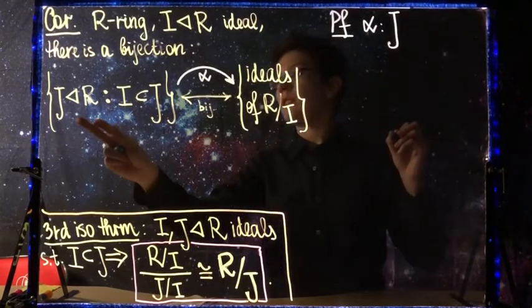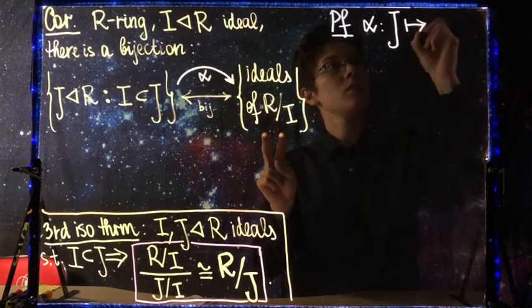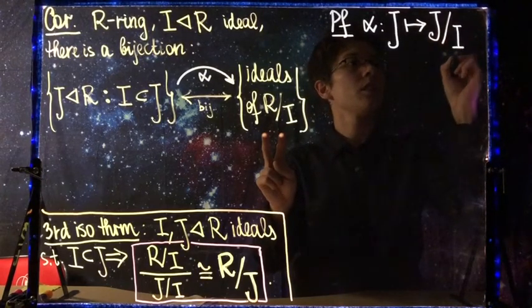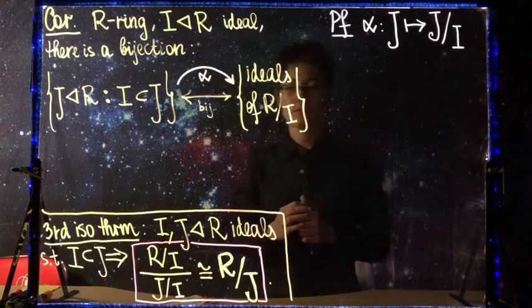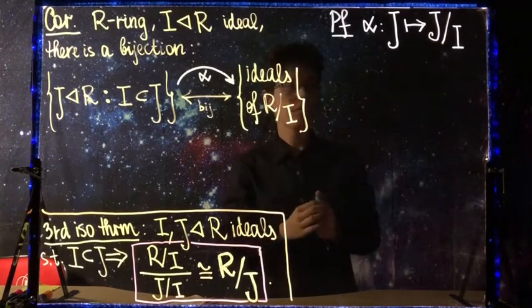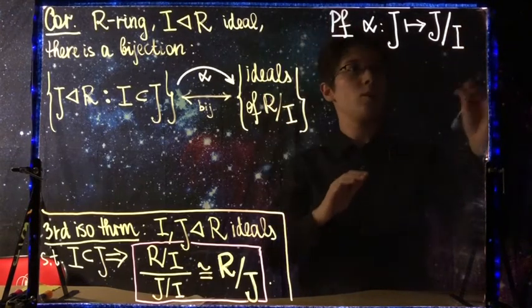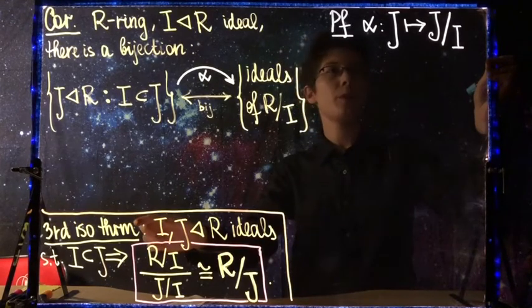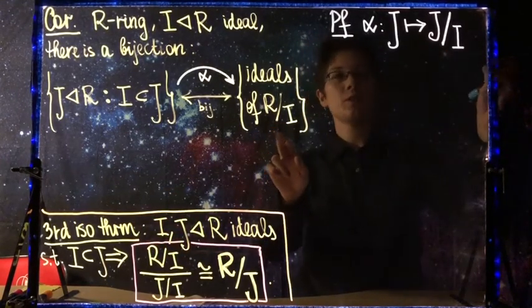If we have an ideal J of R that contains I, then we send it to the ideal J quotient by I. And we observed in preparation for the third isomorphism theorem that J mod I is an ideal in the quotient ring.